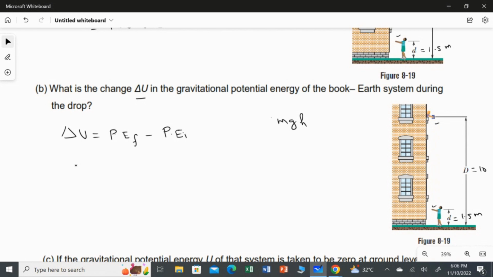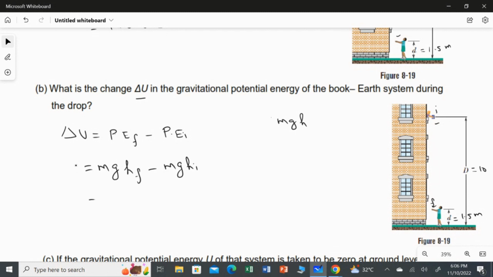The initial value is this one, am I right? So this one is the initial point and this one is the final point. Clear? So I have to write mgh final minus mgh initial. Clear?